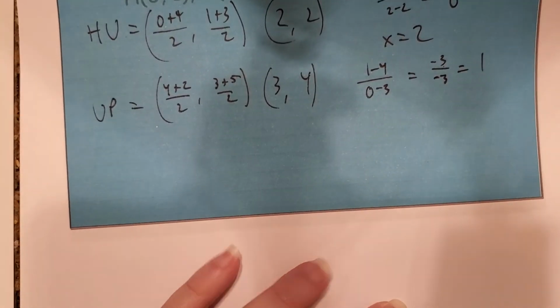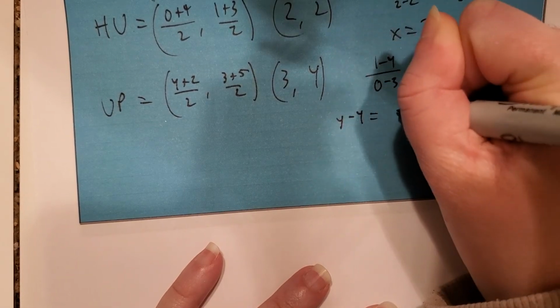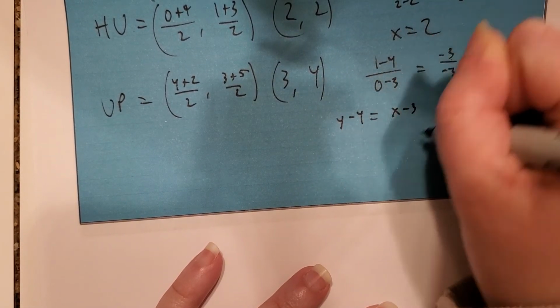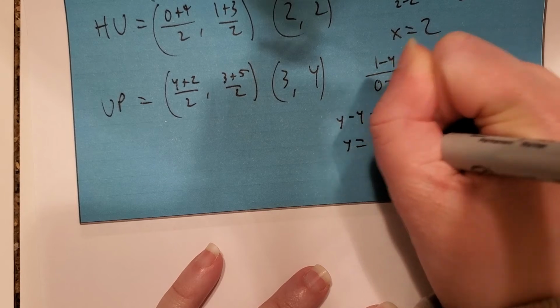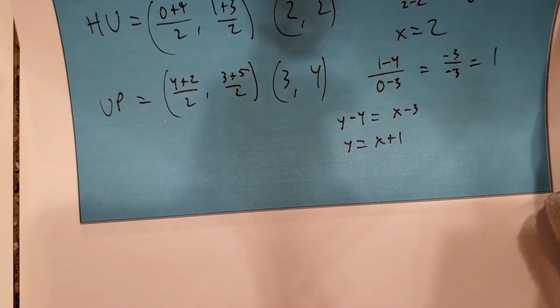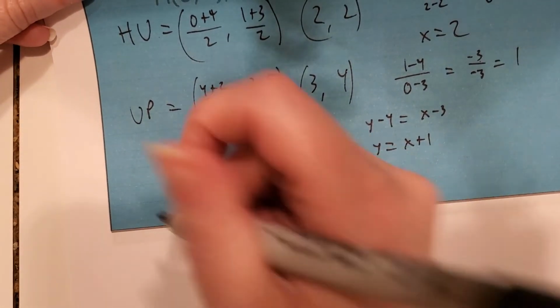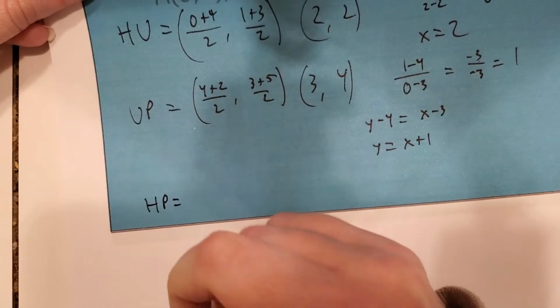Thank God this slope is a lot nicer to us. So real quick, y minus 4 is equal to 1 times x minus 3. So that's another equation. That's another median. And then HP, the midpoint.